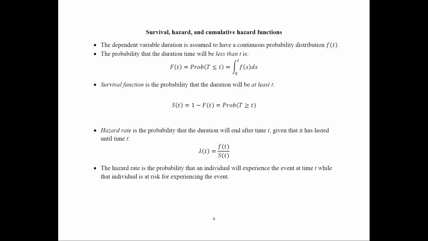So that's the probability that an individual will experience the event at time t, while that individual is at risk for experiencing the event. And when we say at risk, we are just meaning that they're in the sample and we're tracking them, like we haven't lost them due to either censoring, we don't know what happened to them, or due to the fact that the event happened for them.